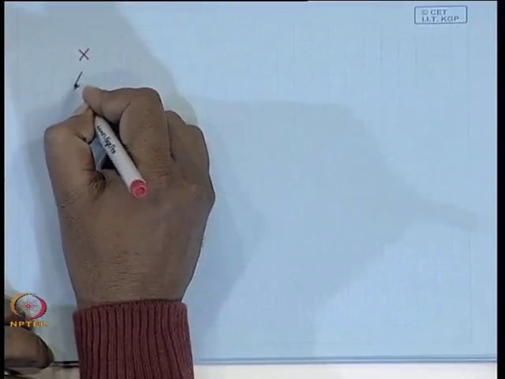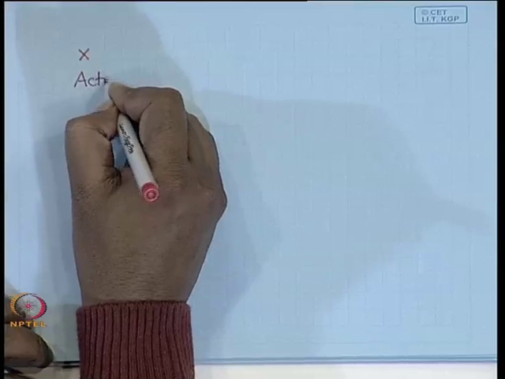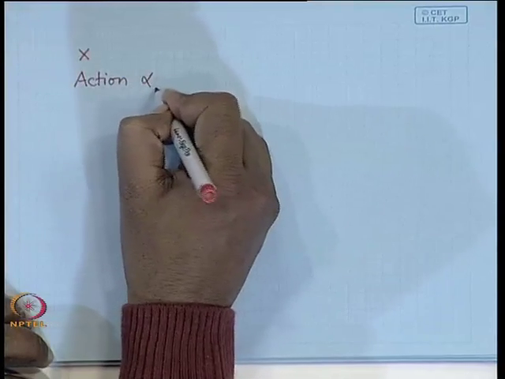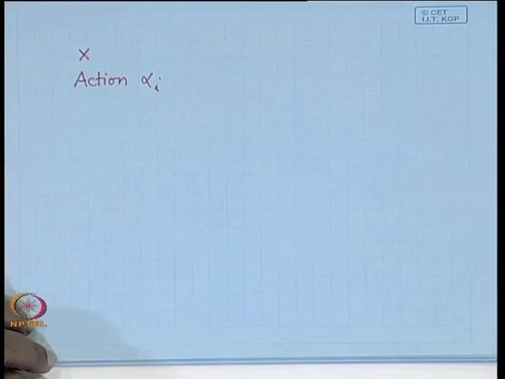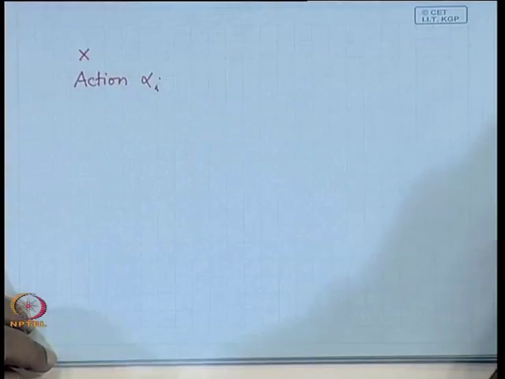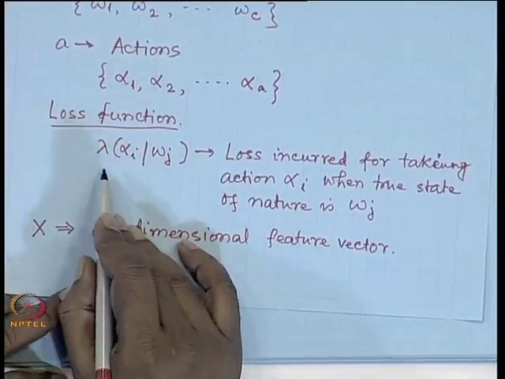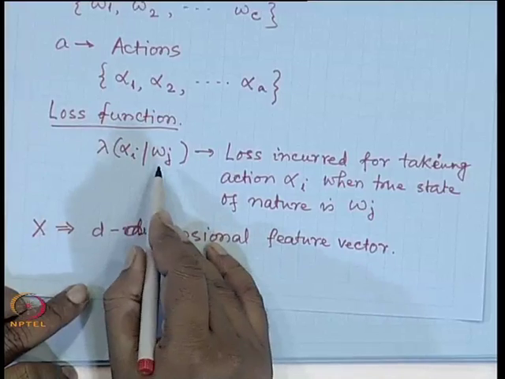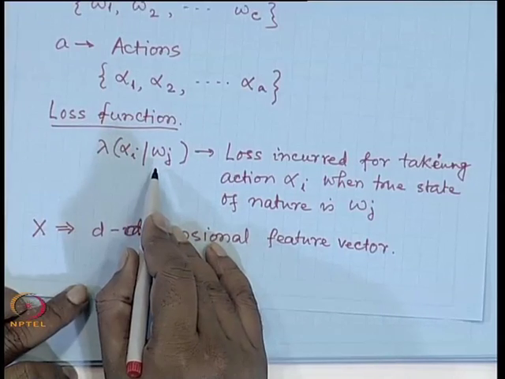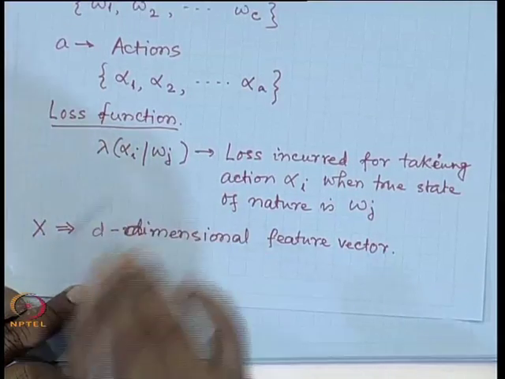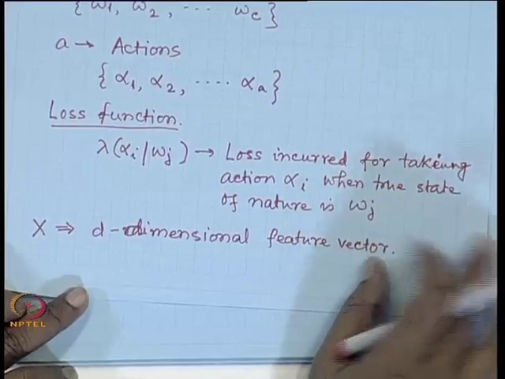So x is the feature vector of dimension d, and for this feature vector we take an action alpha i. As we said earlier, the loss incurred for taking an action alpha i while the true state of nature is omega j is given by lambda(alpha i | omega j), right.